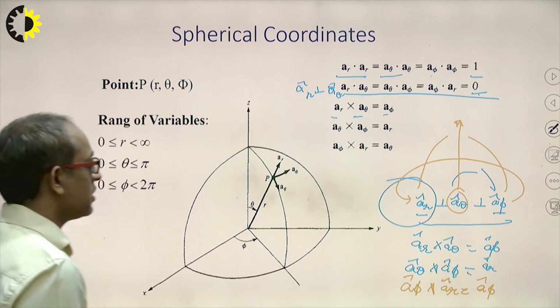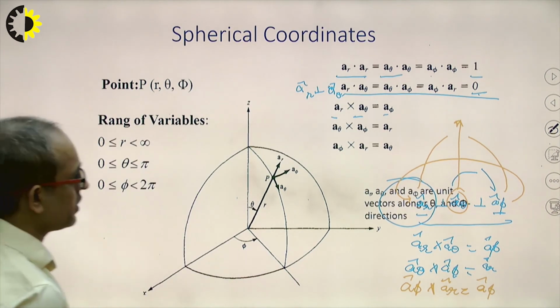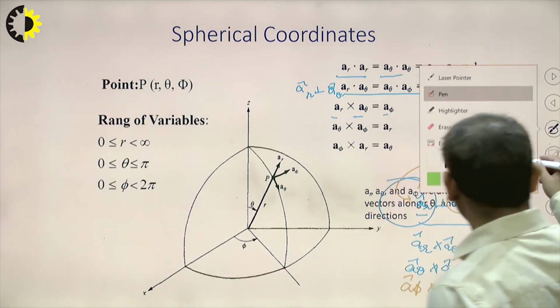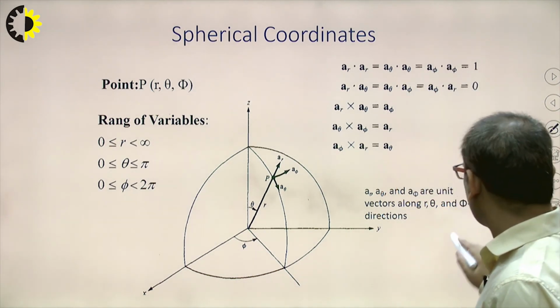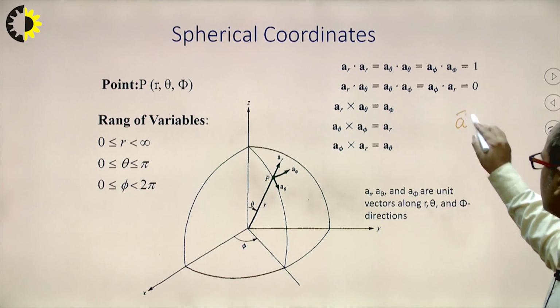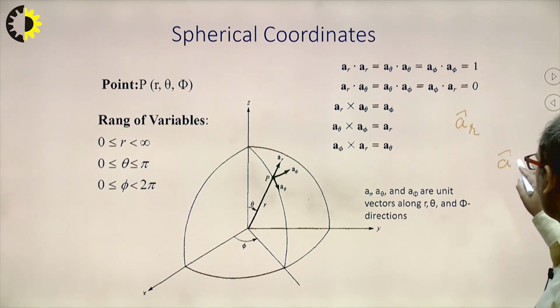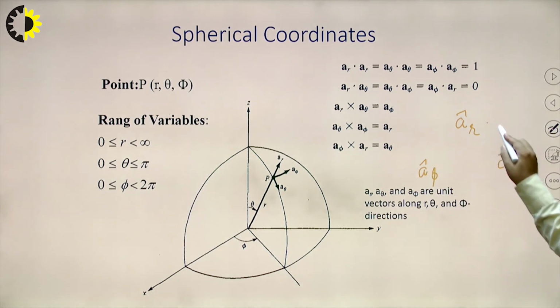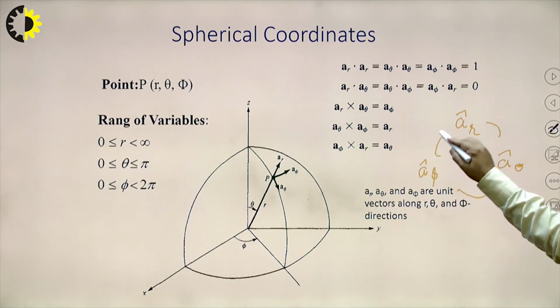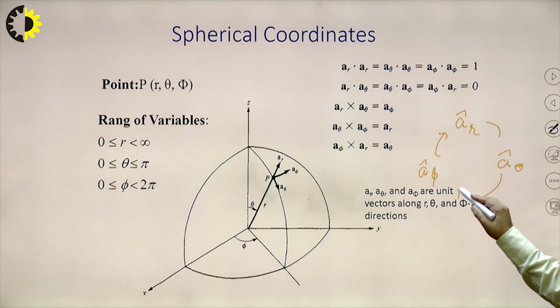Another method to get the direction of the unit vector: take a cap r, a cap theta, a cap phi in the anti-clockwise direction.